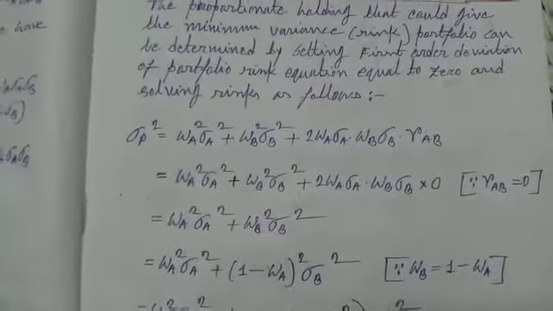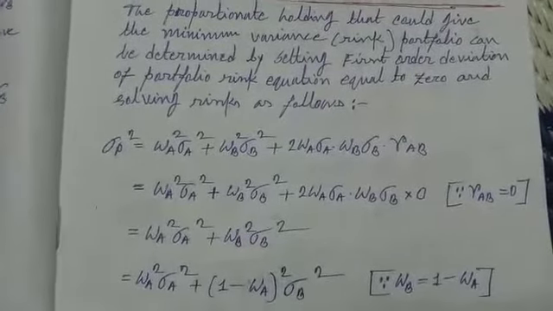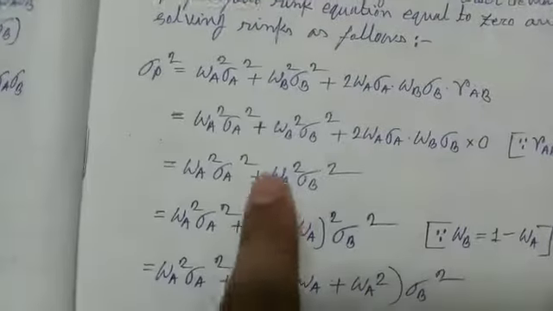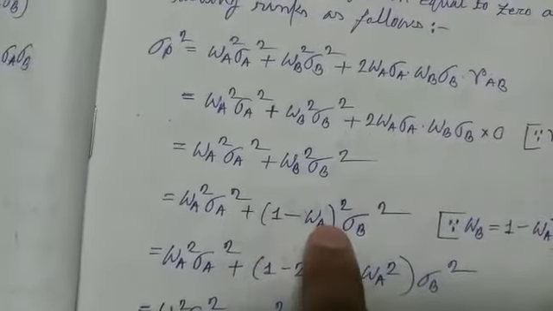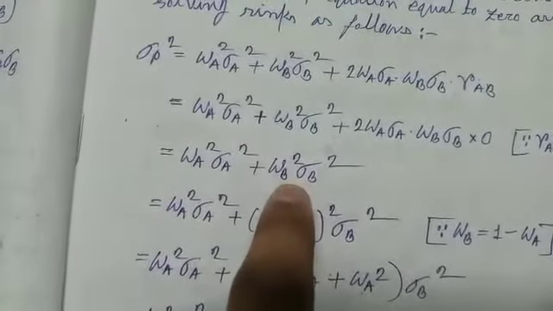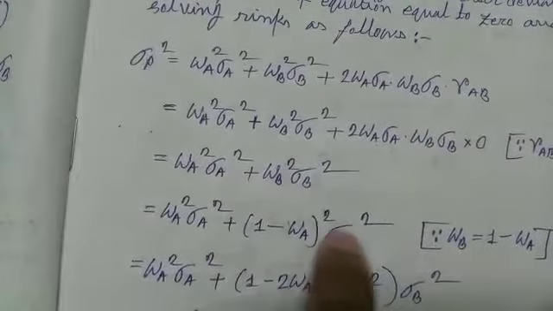Now we know that here total weight, that means WA plus WB is equal to 1. So WB can be written as 1 minus WA. Here in place of WB we can write 1 minus WA. So here WA square into sigma A square, in place of WB square we can write 1 minus WA whole square into sigma B square.